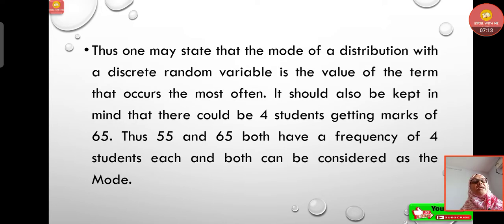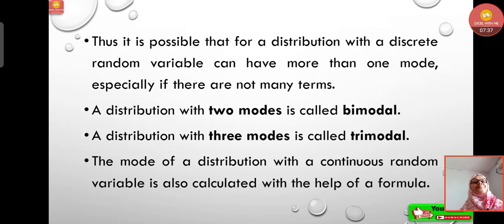Thus, one may state that the mode of a distribution with a discrete random variable is the value of the term that occurs most often. It should also be kept in mind that there could be 4 students getting marks of 65. Thus, 55 and 65 both have a frequency of 4 students each, and both can be considered as the mode.